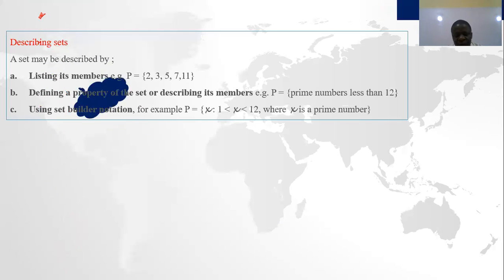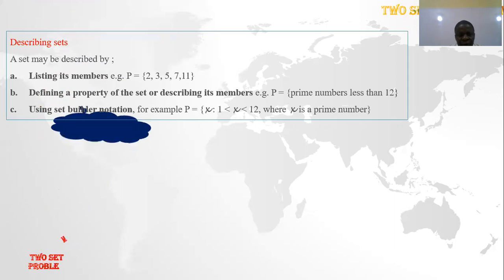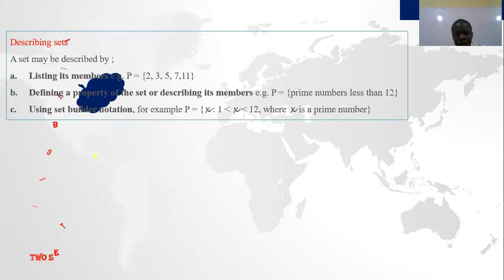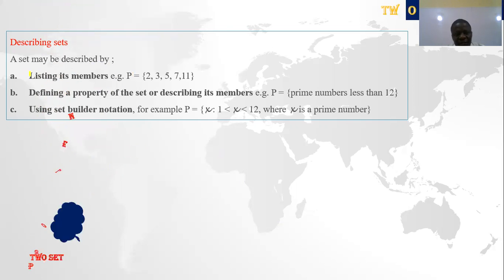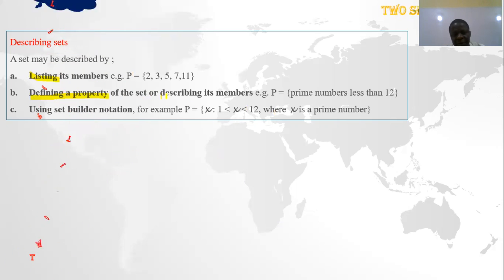Per that description, it is clear for you to be able to list the elements of P. So the first way is to list the members. The second one is to define a property of the set or describe the members.